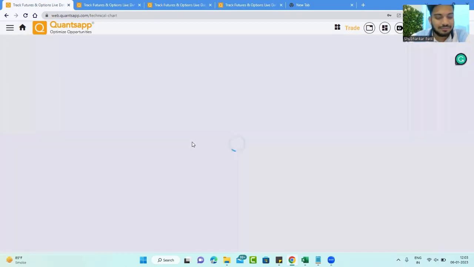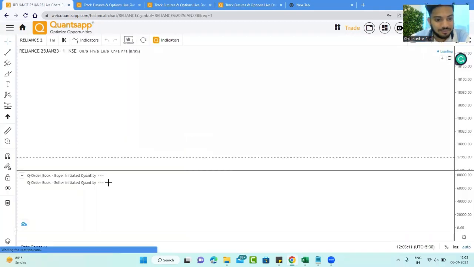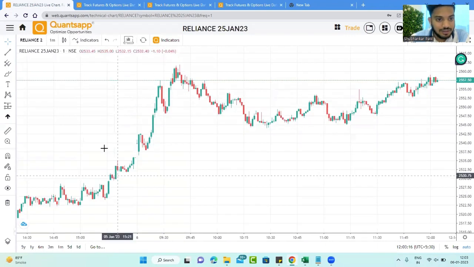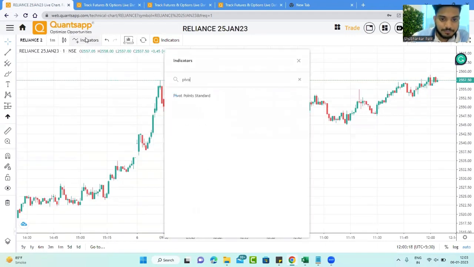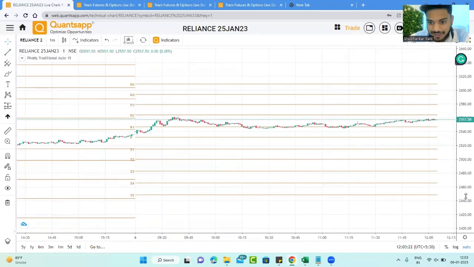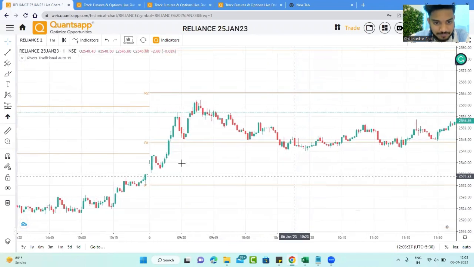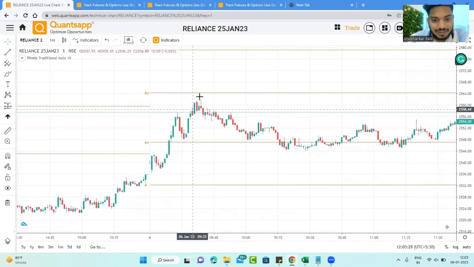So let's see one or two instances and understand what we could have done in any of these instances. Let's say pivot. I am just trying to explain with the simple plain vanilla pivot. This is one of the textbook examples. Let's say this is Reliance, and this is your target.